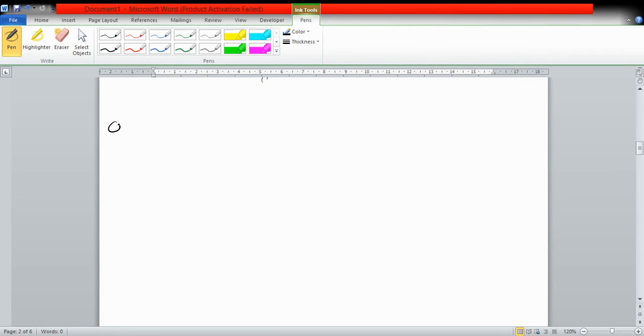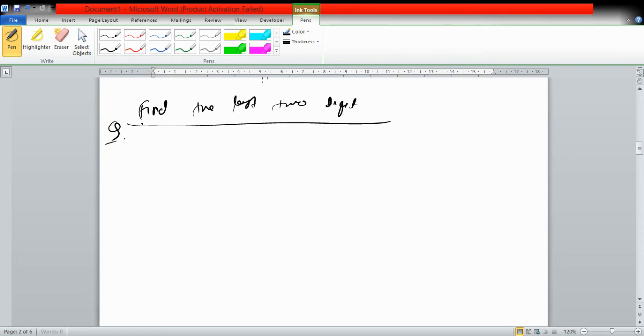So here if you take the example, find the last two digits of 99 into 96 into 997, divide by 100, you will get the last two digits. So 99 divided by 100 is minus 1, 96 divided by 100 is minus 4, and 97 divided by 100 is minus 3.